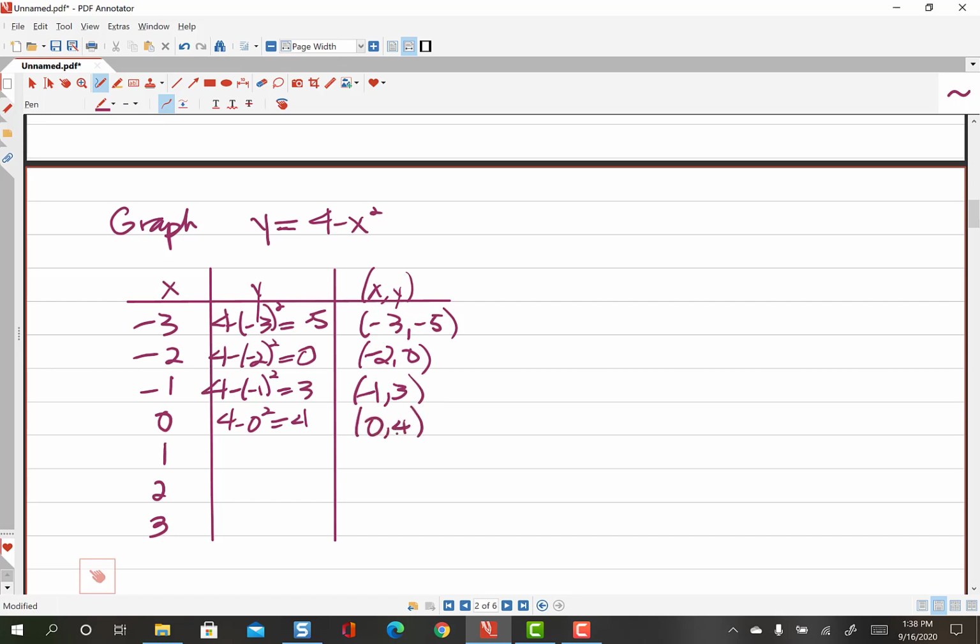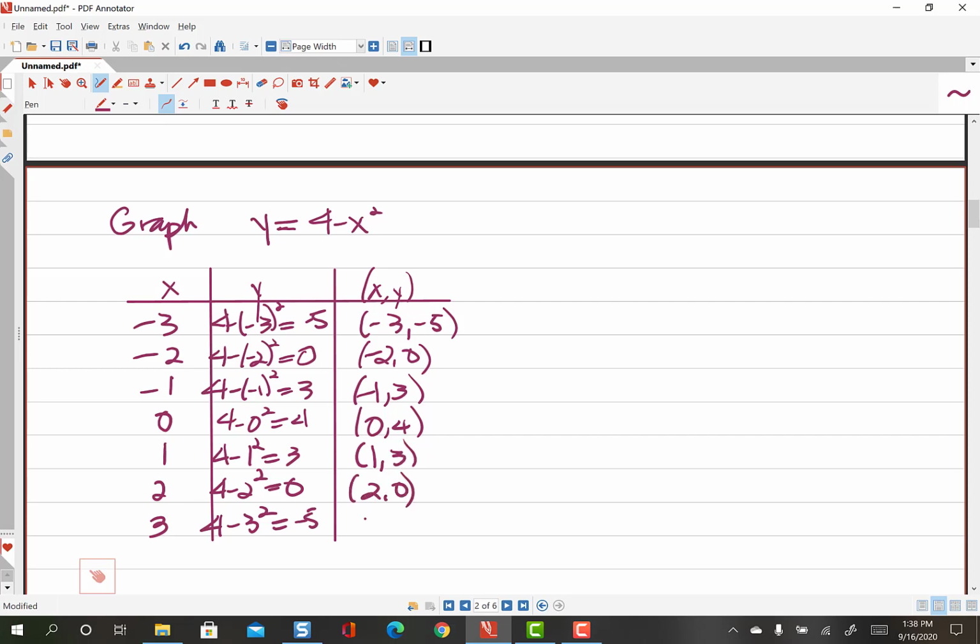All right. Now let's move down here. So 4 minus 1 squared is 3. 4 minus 2 squared is 0. And 4 minus 3 squared is -5.